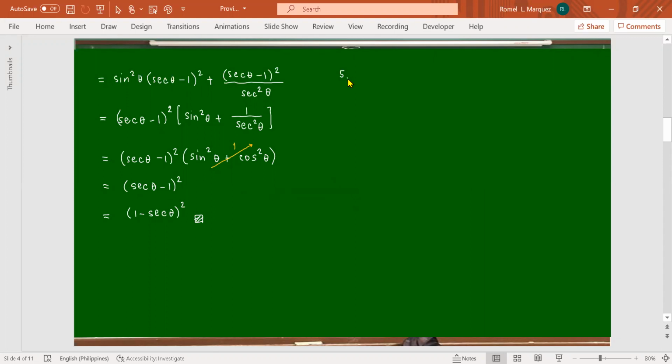We have cosine squared theta over 1 minus sine theta. And this is equal to 1 plus sine theta. Okay? I think this is easier to work with, no? So let's work on the left side. Make it the right side.